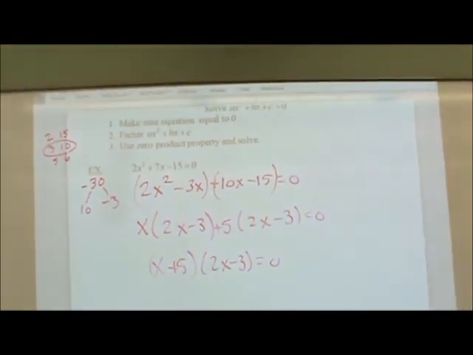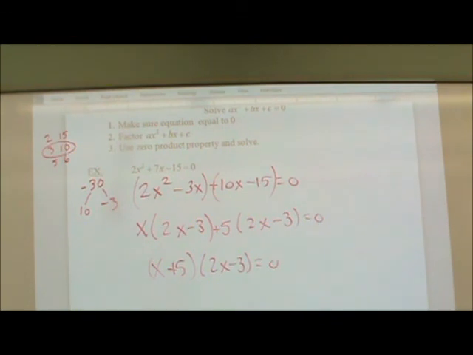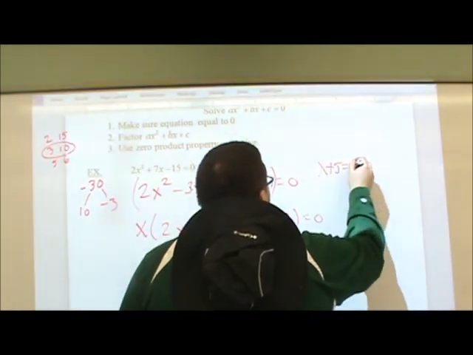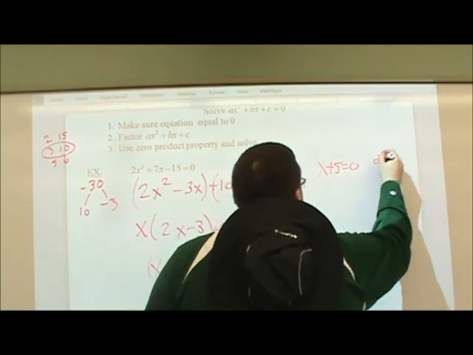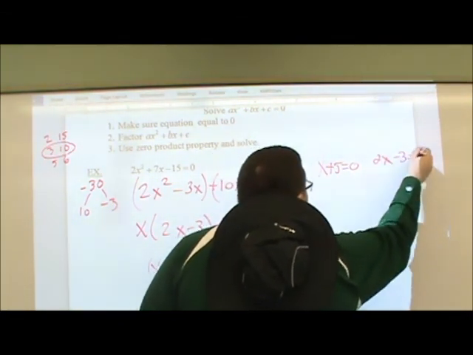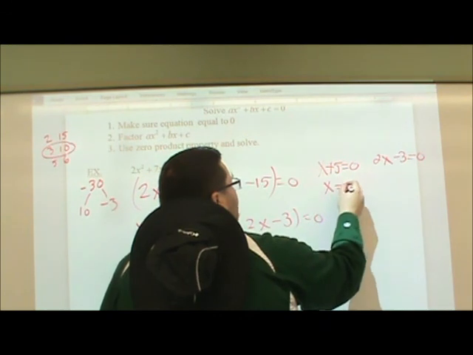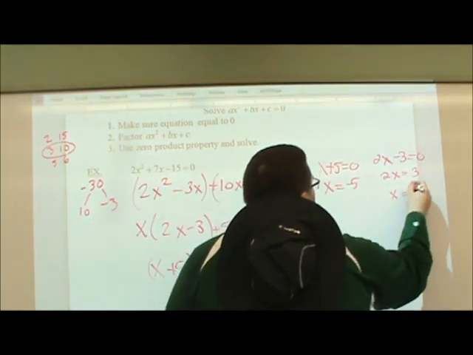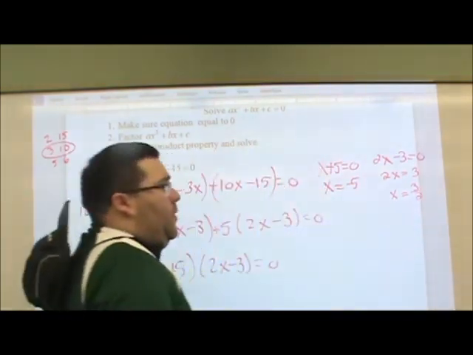We can use the zero product property. And what that means, remember from the other day, take those parentheses and set them equal to 0 and solve. So we got x plus 5 equals 0, 2x minus 3 equals 0, and we're going to solve that out. x equals negative 5, x equals 3 over 2.